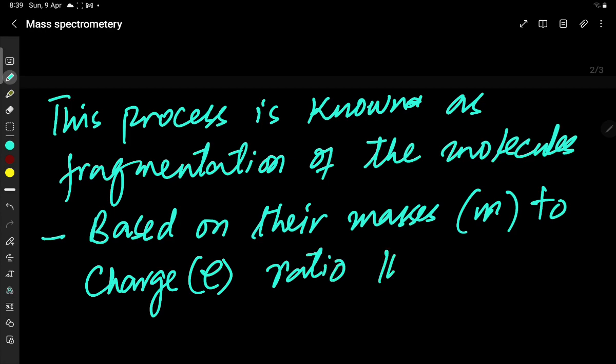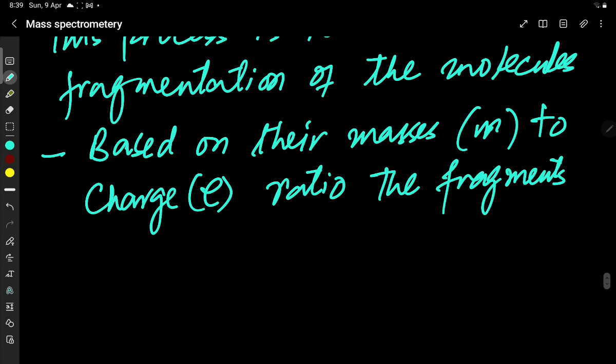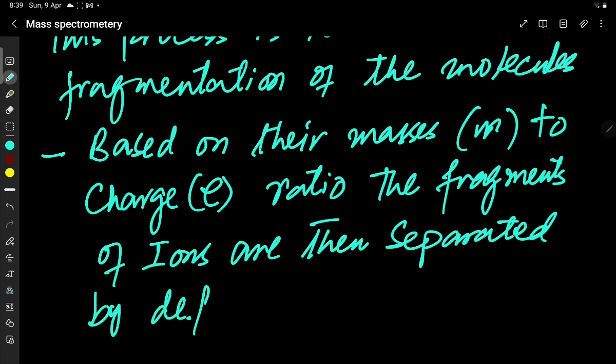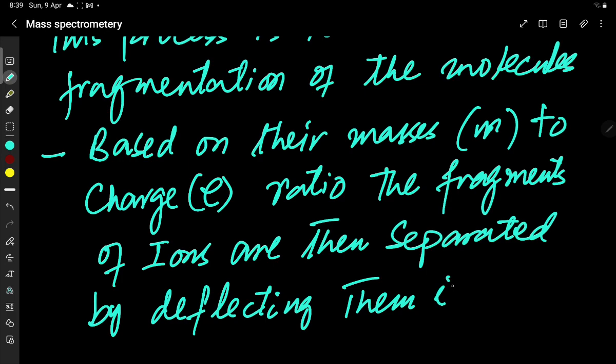The fragment ions are then separated by deflecting them into the detector.